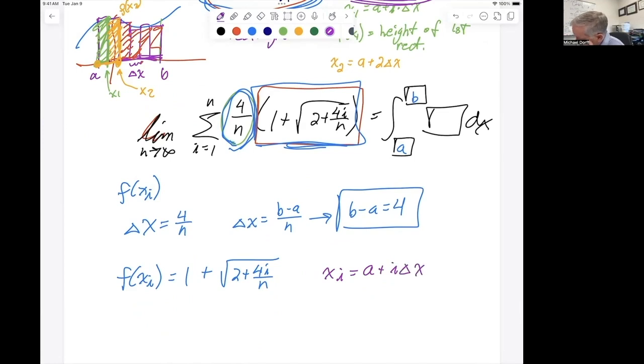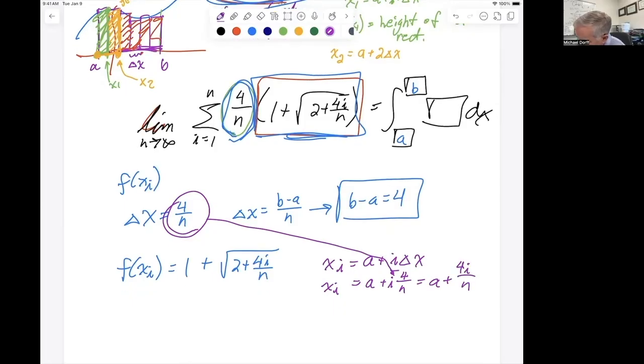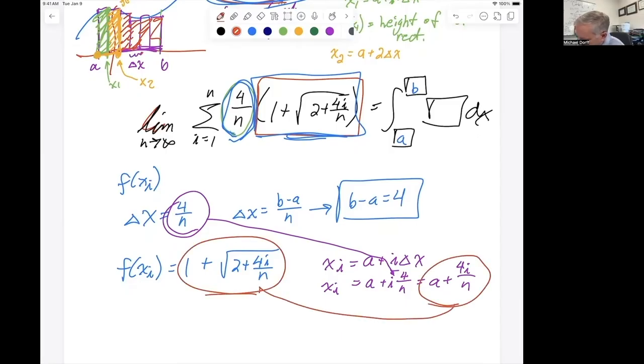And we know that delta x from up here was 4 over n, so I got i times 4 over n. Okay, so we get a plus 4i over n. Well, I look at what I have over here in red. Let's do this red here. And I look at this, and I see this right here.